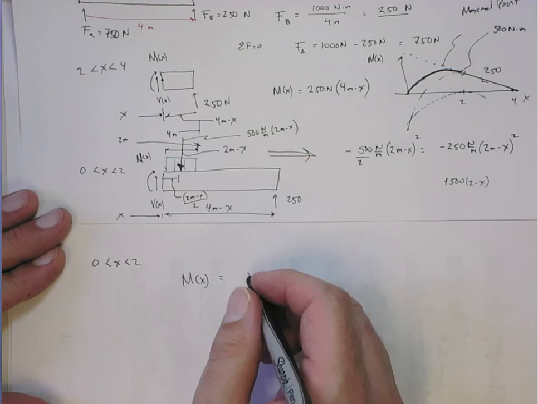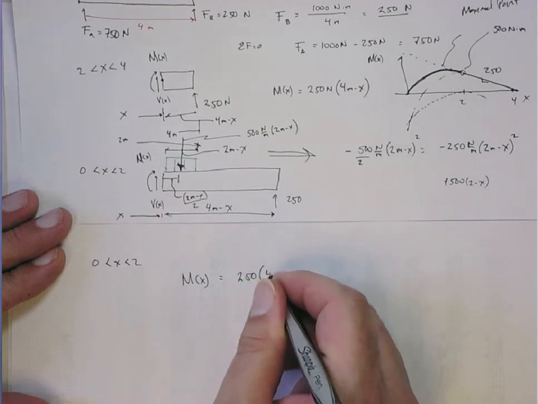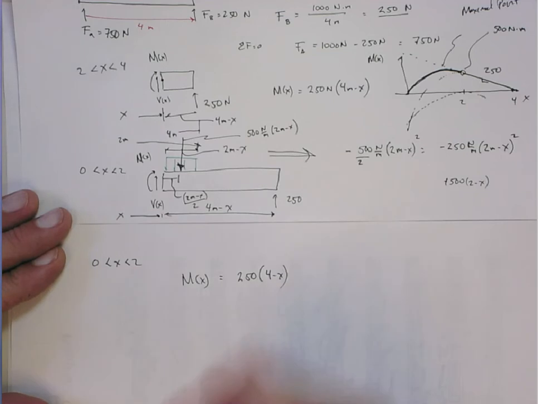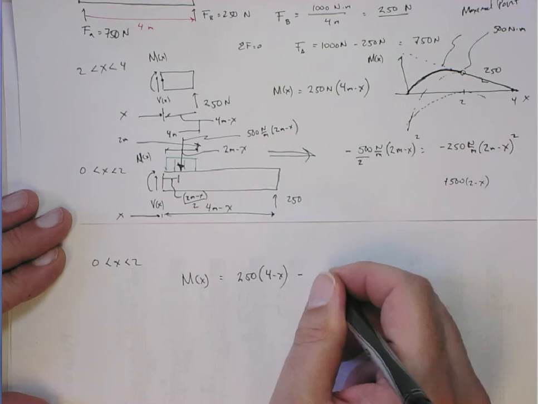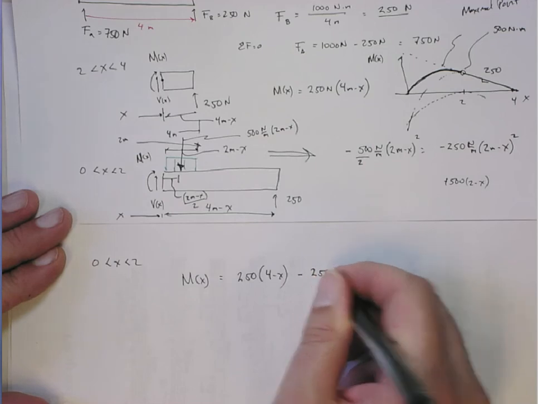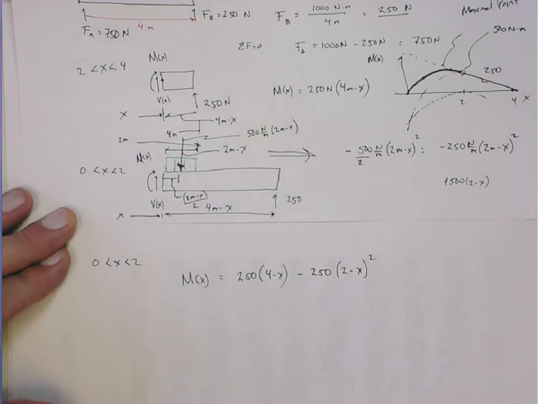That is the 250 times 4 minus x, minus the part from the distributed bending load, which is the minus 250 times 2 minus x quantity squared.